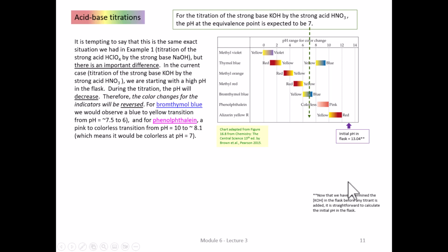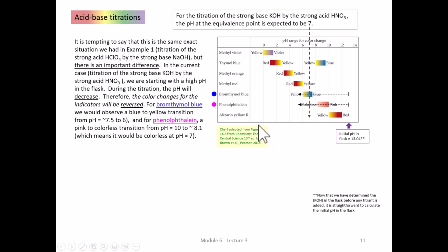And if you use that concentration to calculate a pH, you'd realize the pH would start out around 13. So if we look at, for example, bromothymol blue, which seems to be an appropriate indicator, we need to realize that the color changes are the opposite of what we saw in example 1. So here, the solution would probably be blue and then would turn to yellow at the equivalence point.